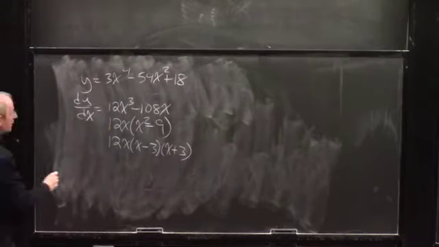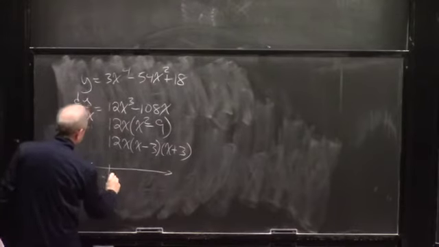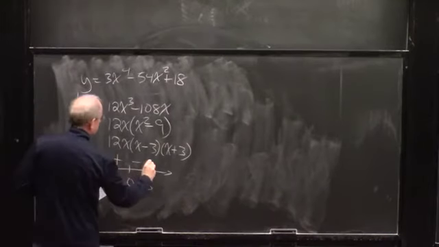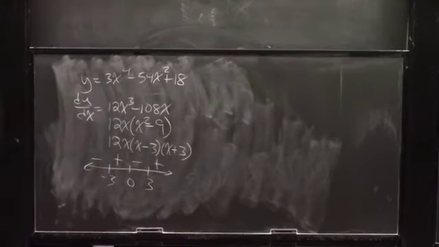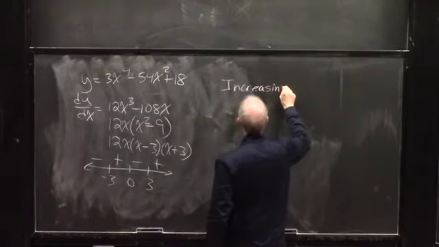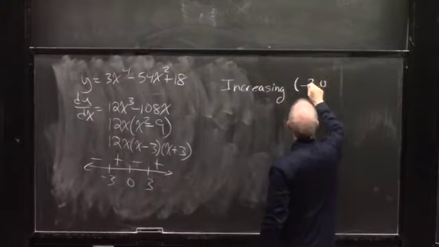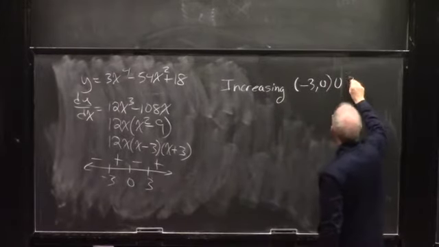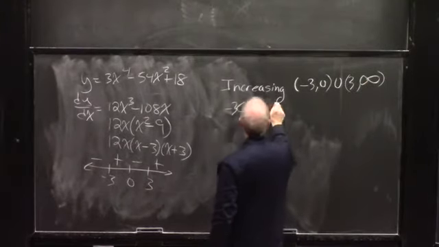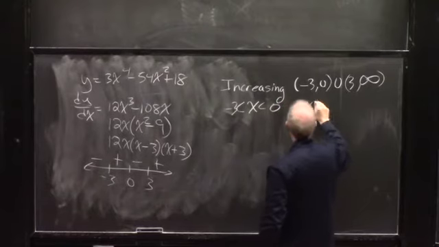And that means you do the sign test: -3, 0, 3. And if you test it, you get that. So this is increasing on (-3, 0) or (3, infinity), or in non-interval notation, x between -3 and 0, or x greater than 3.